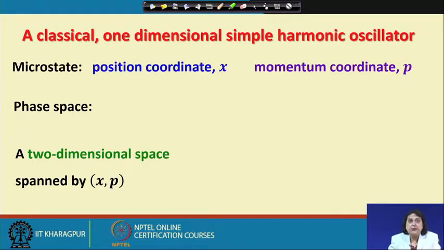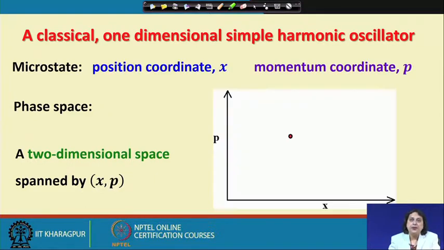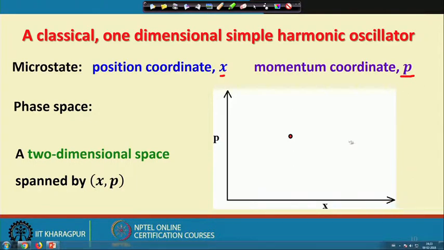So, the phase space is going to be a two-dimensional space spanned by this single position coordinate x and the single momentum coordinate p, and therefore, I would say that this microstate that I see here, which is characterized by the position coordinate x and momentum coordinate p, is going to be a point in this two-dimensional plane as shown by this red dot here.